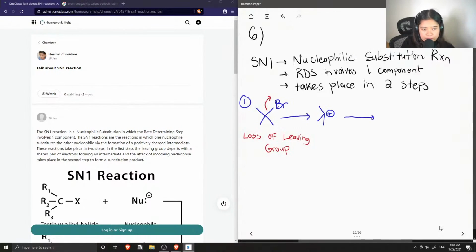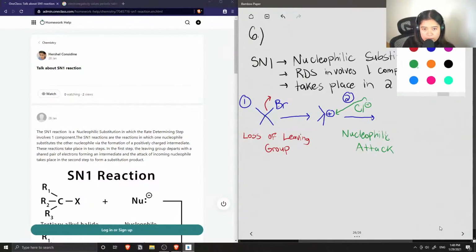So this brings us to the second step, which is called the nucleophilic attack. This is when our nucleophile comes in and stabilizes that positive charge, or neutralizes it.